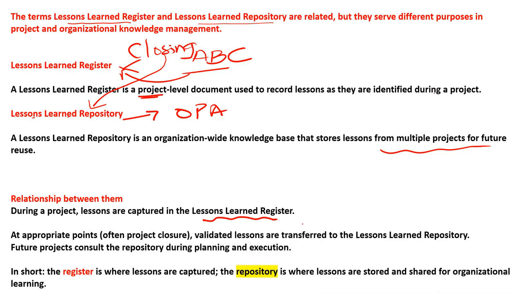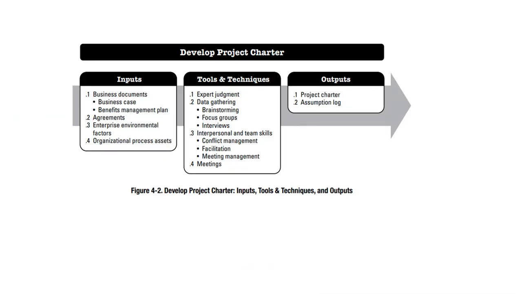At the end, it will be transferred to the repository at appropriate points, often at project closure, where validated lessons are transferred to the lessons learned repository. Future projects consult the repository during planning and execution. In short, the register is where lessons are captured, and the repository is where lessons are stored and shared for organizational learning.